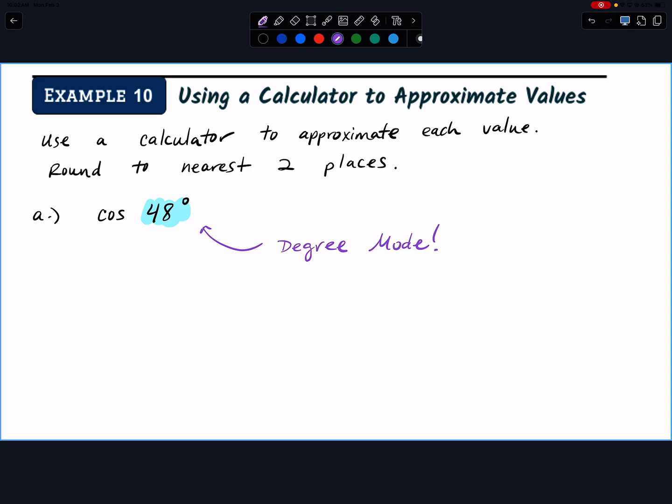Everyone know how to find that? Everyone cool with that? So go ahead and go back to the calculation screen and type in cosine of 48. And if we round to two places, does somebody want to tell me what they get? Yes, 0.67. And that's all you have to do.